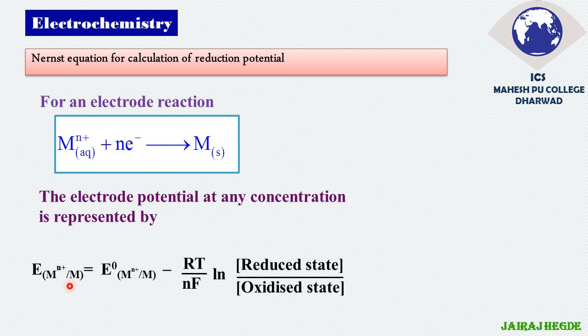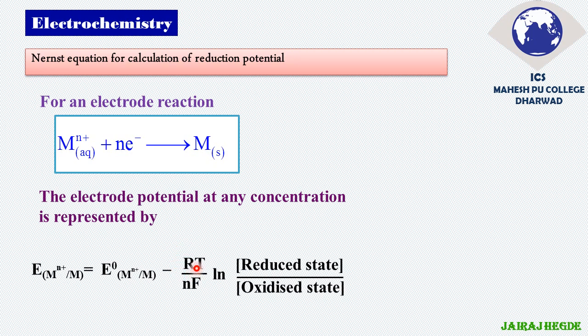Let us assume the concentration of metal ion is some concentration C, and this is the standard reduction potential of that particular electrode. If I am assuming it as zinc, then it is the reduction potential of zinc electrode. Then it will be the reduction potential of standard zinc electrode, SRP value. Here we have to substitute the SRP value.